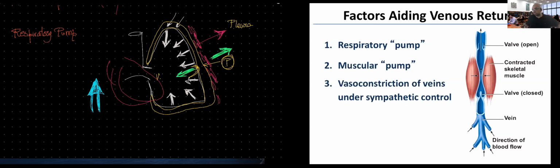So what do we call this pump? It's my respiratory pump. The respiratory pump is the effect of breathing. So I'm breathing, I keep moving air in, so this increases the tendency of my lungs to collapse and recoil, and increases my chest's tendency to expand, creating more vacuum that pulls the blood up towards my heart.